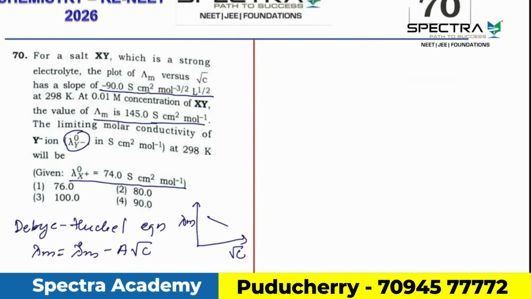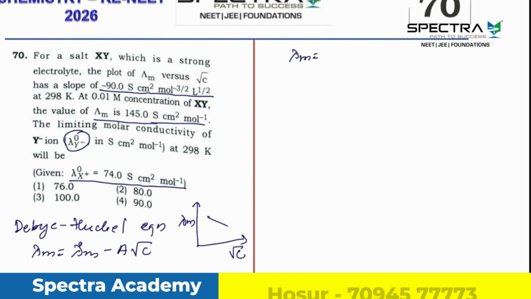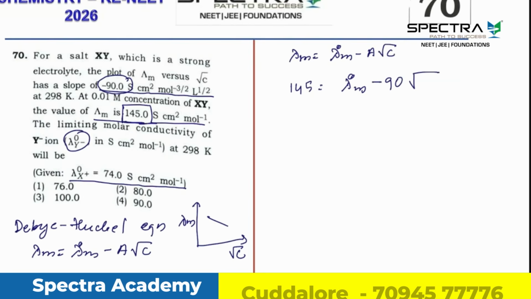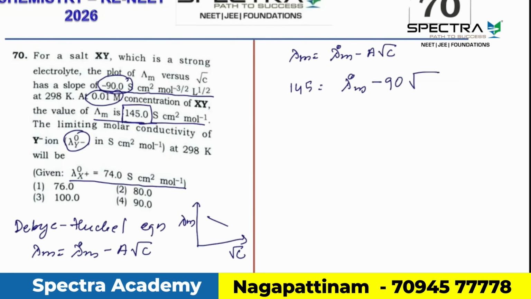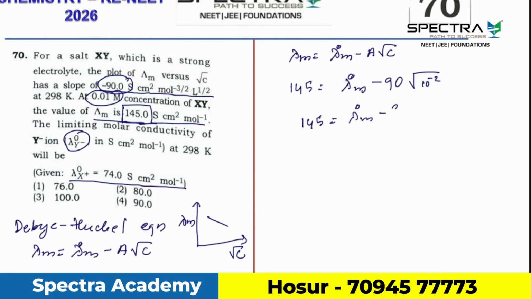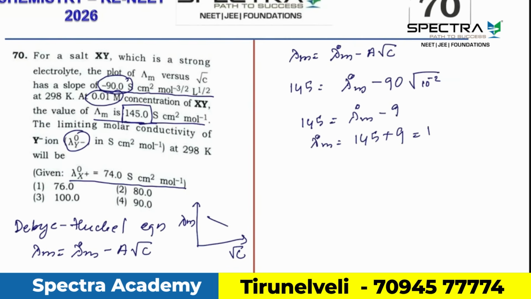So lambda m, they have already given, is 145, equal to lambda naught m minus the slope, which is minus 90, times root of concentration, 0.01, that is 10 raised to minus 2. So it will be 145 equals lambda naught m minus 9. So lambda naught m will be 145 plus 9, that is 154 S cm2 per mole.